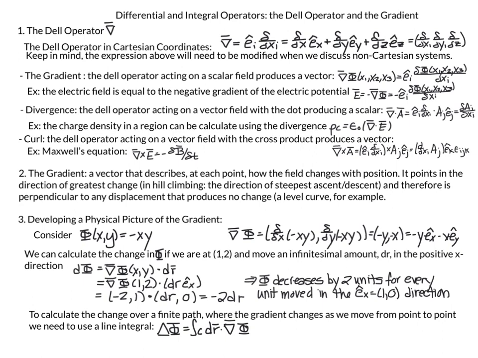And then we did different drawings of the level curve of each of these. We did the exercise of calculating the change of phi if we are at 1, 2, and move an infinitesimal amount, dr, in the positive x direction. You can see this calculation here. And last, we also noted that to calculate the change over a finite path where the gradient changes as we move from point to point, we need to use a line integral.